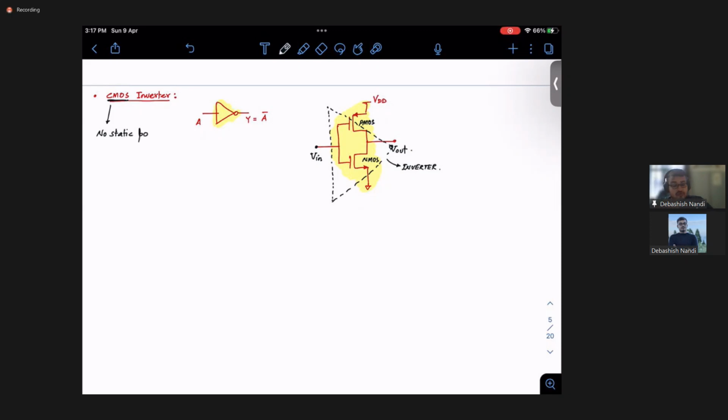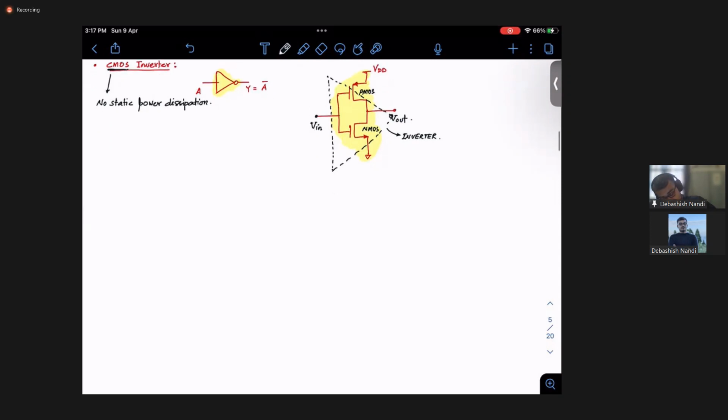But it is good to know beforehand how the thing looks inside when you open it. No static power dissipation. Okay, that means when you do not have a switching between 0 to 1, then there will be no power dissipation, right? Because there will be no path directly from supply voltage to ground.